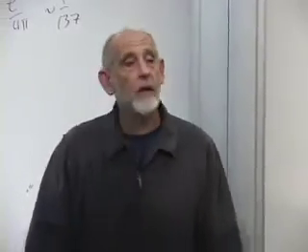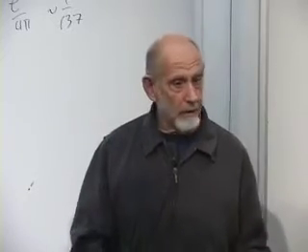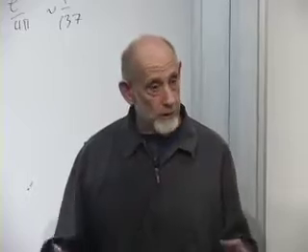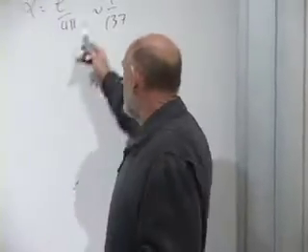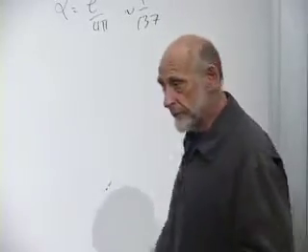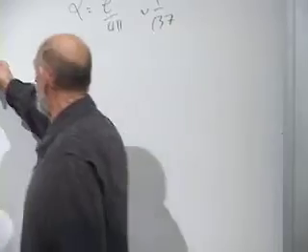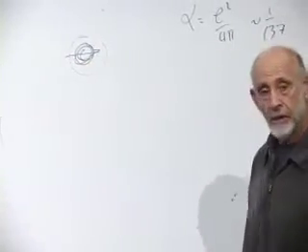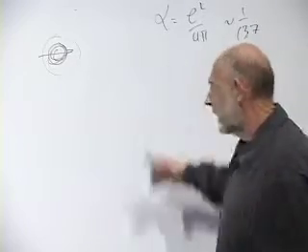First of all, the acceleration of the electron is small. Remember, charges emit radiation when they're accelerated. The acceleration is small because the force is small. The electron moves around with a relatively small acceleration compared to what it could have been if alpha were bigger.